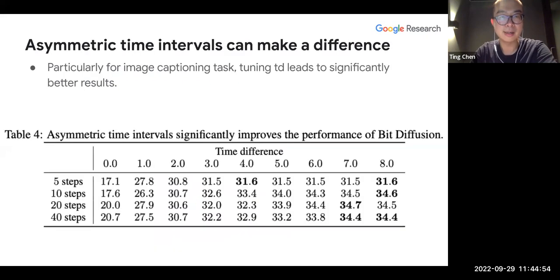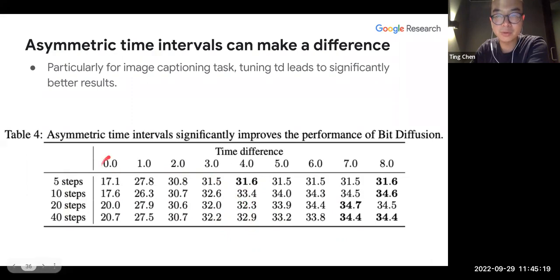Okay. How well does it work? I think again, this depends on the task. For image captioning, it turned out this is quite useful or important. If you look here, when you have different sampling steps, and this is the BLEU score for the caption generated, the higher the better.